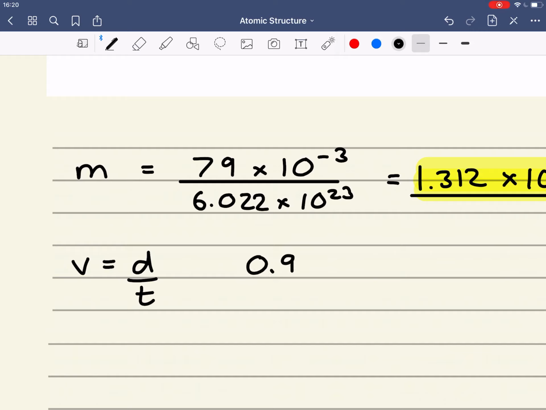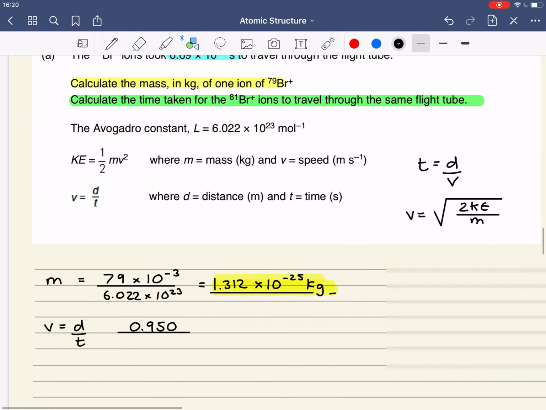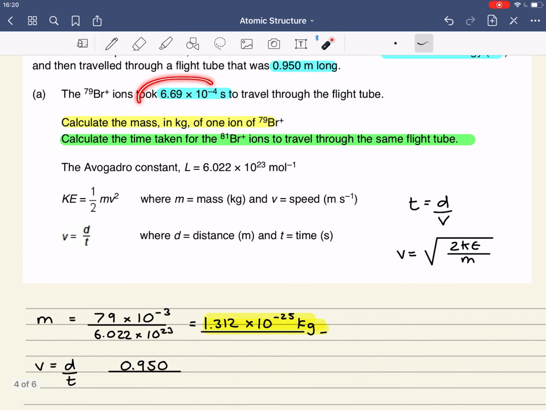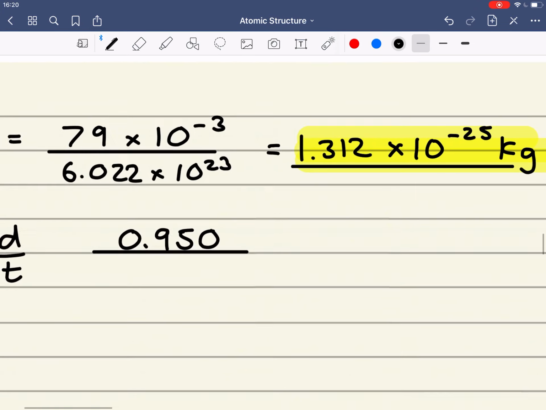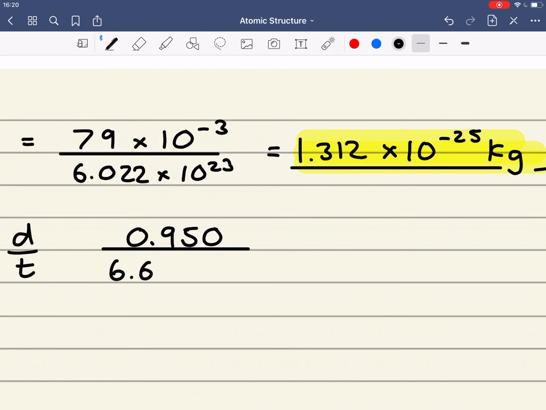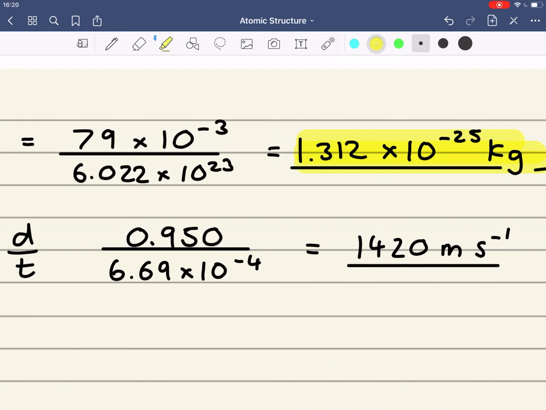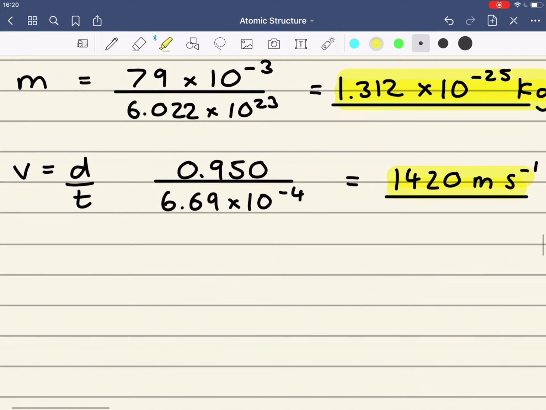Distance is 0.950 divided by the time, which is given in the question at 6.69 times 10 to the minus 4. Once I do that, I get an answer of 1,420 metres per second. So that's the velocity of the Br-79+ ion.